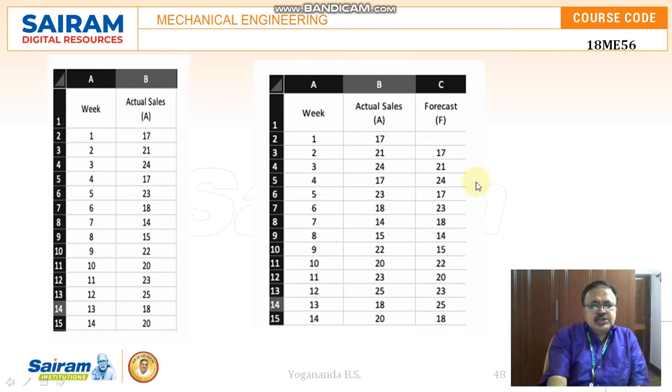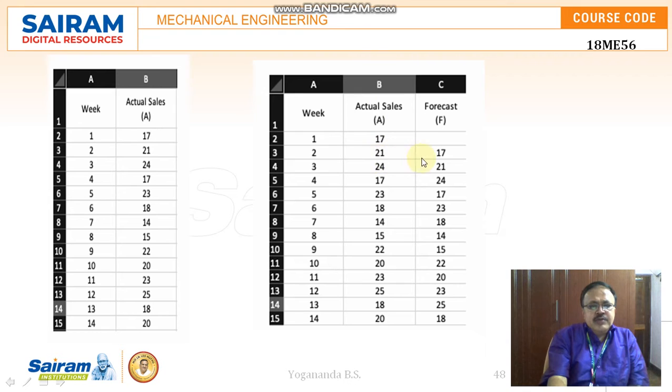So his prediction is 17 for the second week. In the second week, the actual sales is 21, so he assumed that in the third week the sales is going to be 21. Based on the sales in the previous weeks, he made the prediction for the coming week.